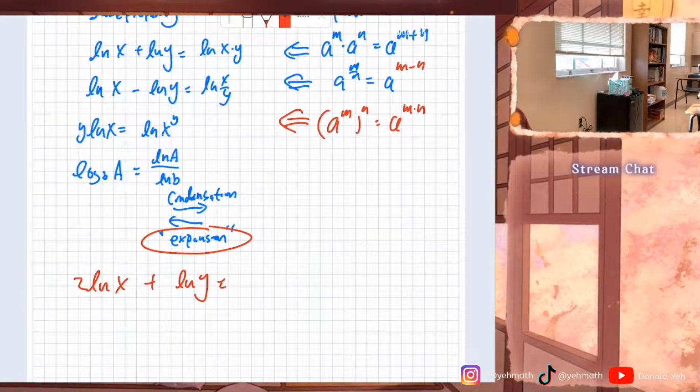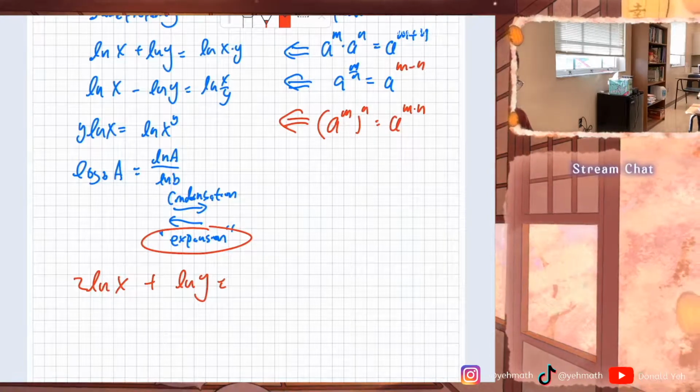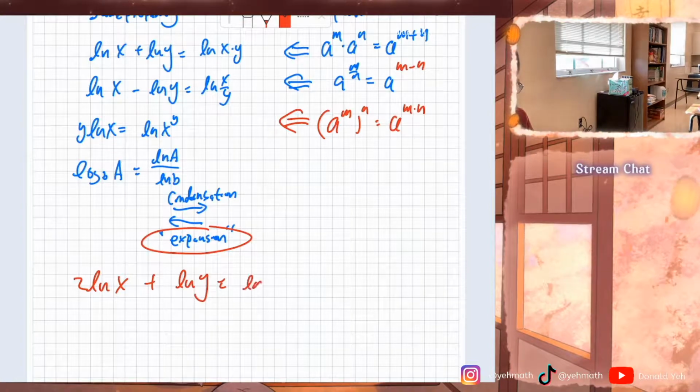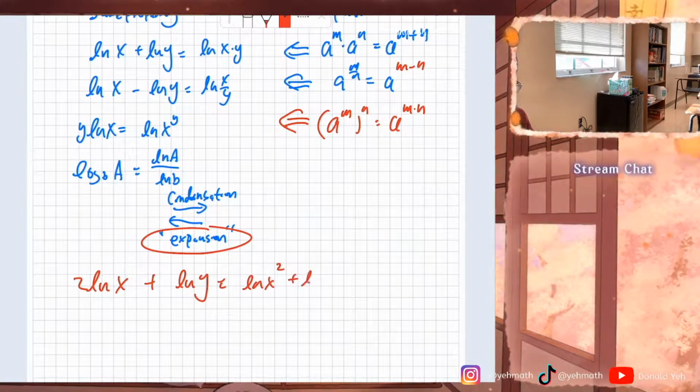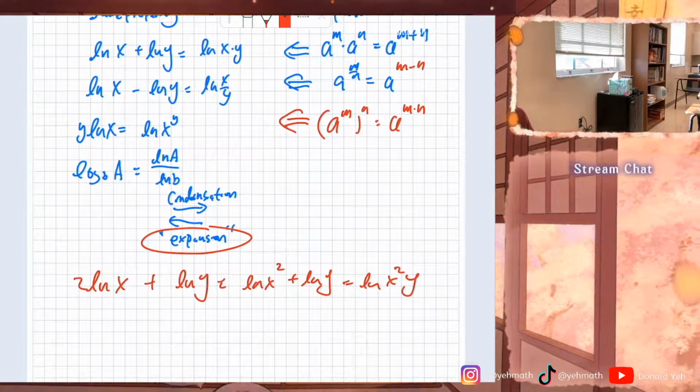Is it possible? Yes. It's ln of x squared y. Yep, perfect. First, you use the third rule, so it'll be ln of x squared plus ln of y. And since they are adding, it's natural log of x squared y. Does that make sense?